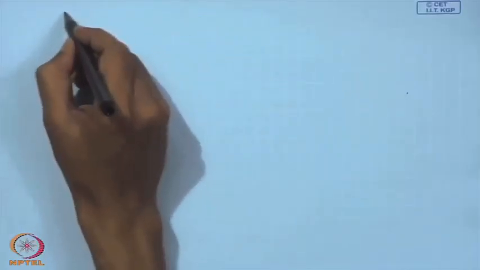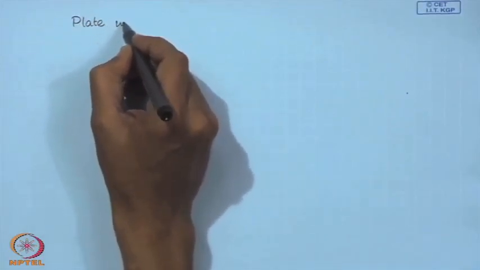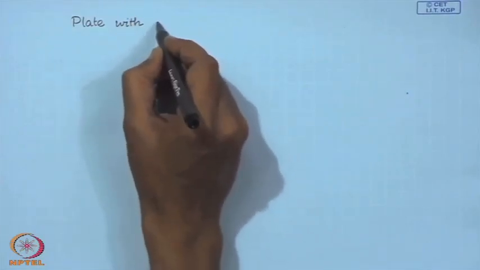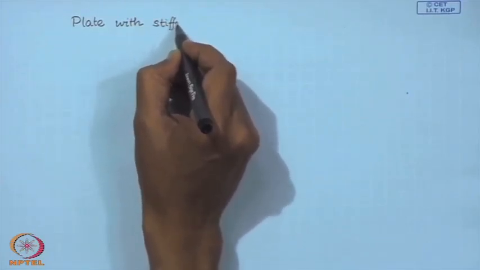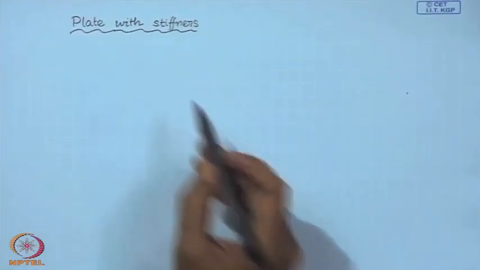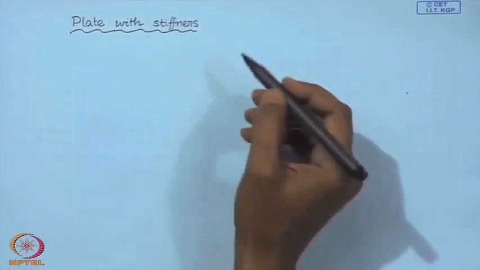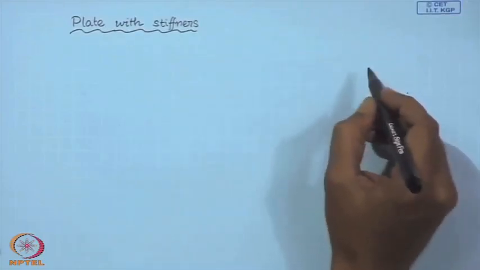The next problem that we are going to look at is a plate. We would like to see what happens when a plate has stiffeners. So, a stiffened plate: the vibrations of a stiffened plate.